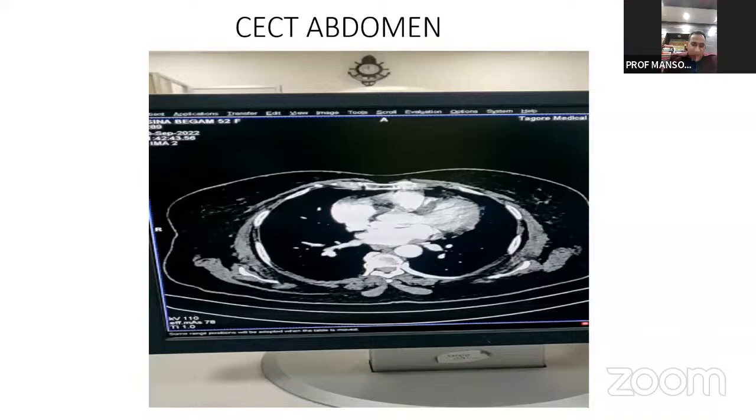Dr. Prem, is there any condition where you think ultrasound is sufficient and I'll not go ahead with the CT scan of abdomen? I have got sufficient evidence and I'll not go ahead with CT scan.